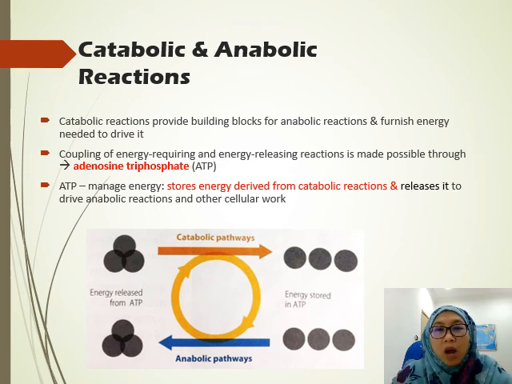This coupling of energy-releasing and energy-requiring reactions is made possible by the molecule called ATP, or adenosine triphosphate. ATP is a molecule that cells use to manage energy. ATP stores energy derived from catabolic reactions and releases it later to drive anabolic reactions and perform other cellular work in the cells.